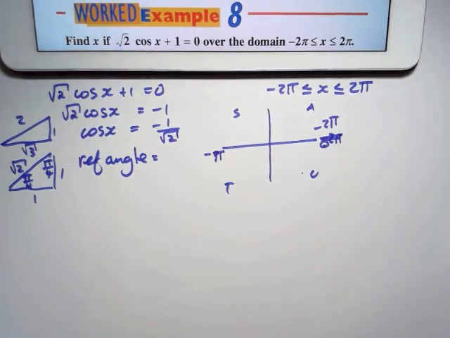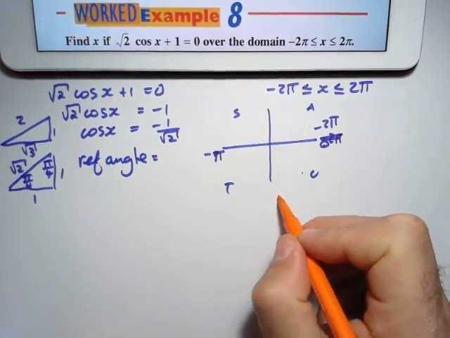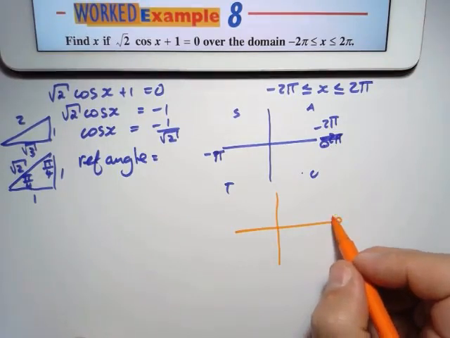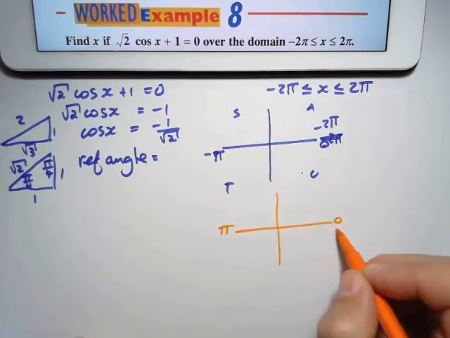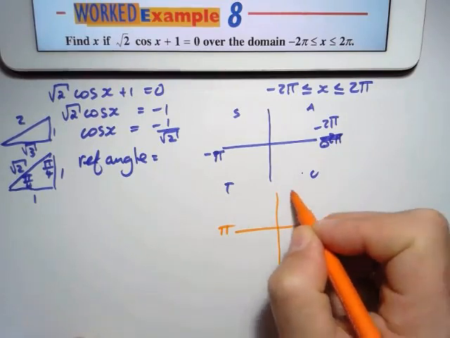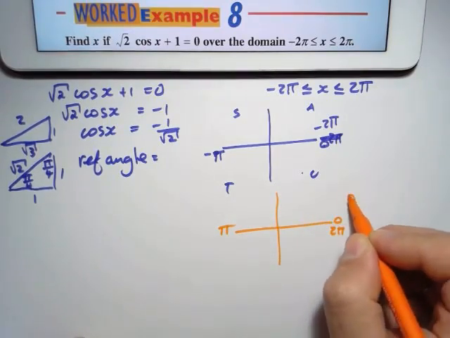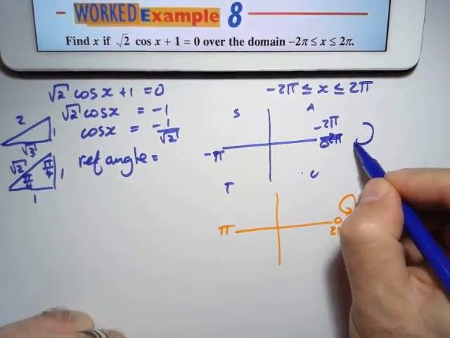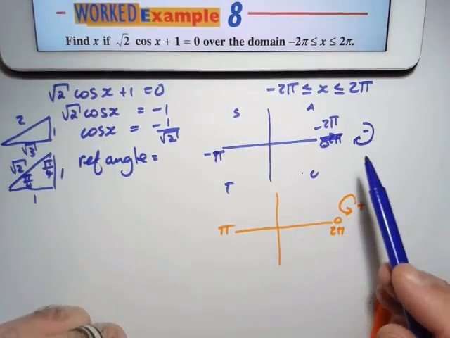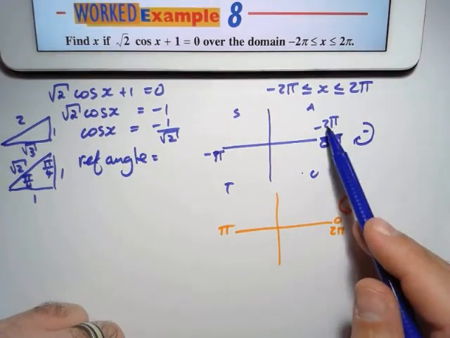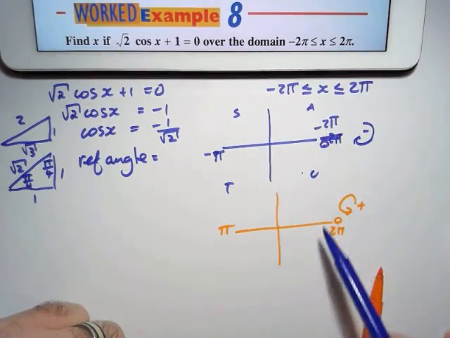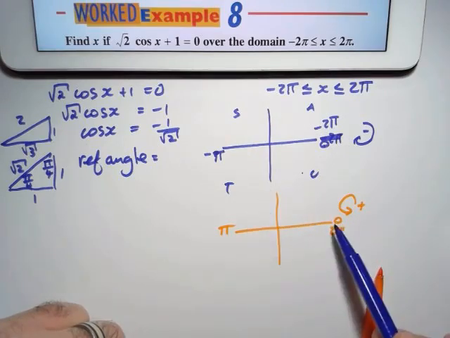For my other one, I start here, 0, that is pi, and that is 2 pi, because I'm going in the positive direction. So this is the positive direction, this is going into the negative direction. So now I have from negative 2 pi all the way to 0, and then from 0 I go all the way to 2 pi.